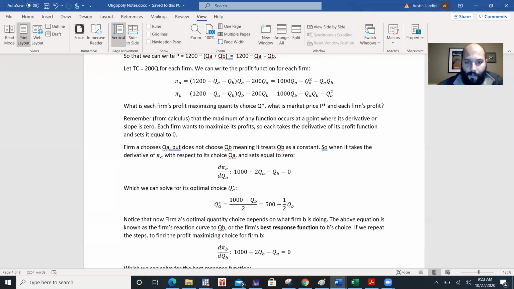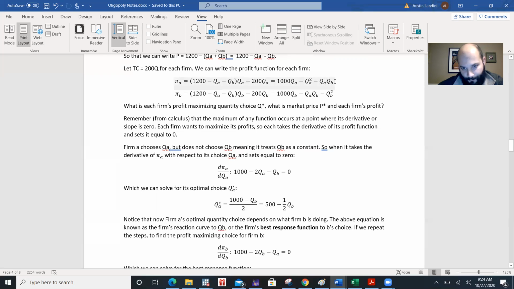To maximize profit, we take the derivative with respect to whatever the company is choosing and set it equal to 0. Firm A chooses QA but does not choose QB, meaning that QB is a constant. It could be 10, it could be 100, whatever QB chooses. So let's go term by term when taking the derivative of profit A with respect to QA.